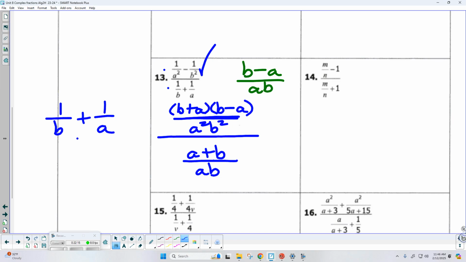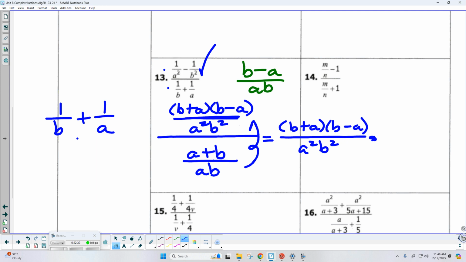So now we got one fraction divided by another fraction. We are ready to take the reciprocal. So right now we have B plus A times B minus A over the A squared B squared times, now we're going to flip it. So this is AB over A plus B. Okay.